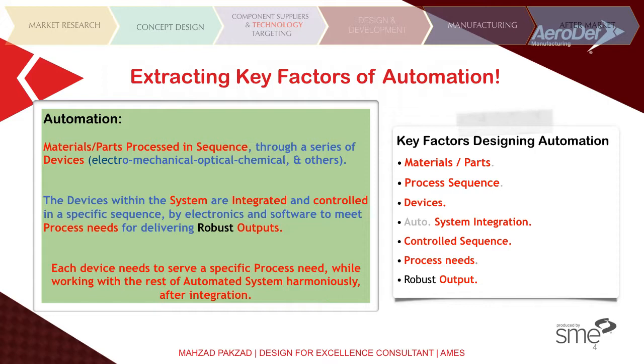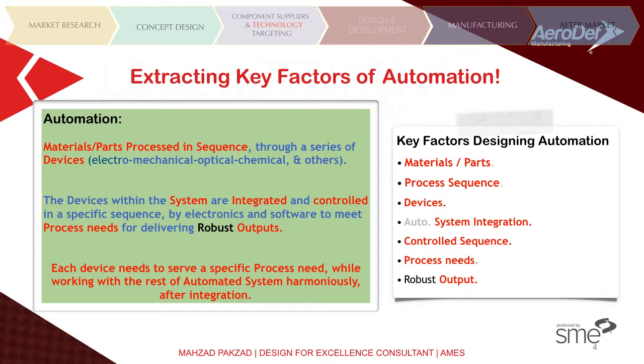Each device needs to serve a specific process need while working with the rest of the automation system harmoniously after integration. So when we extract the key factors from automation, there are materials, parts, process sequence, devices, system integration, controlled sequence, process needs, and robust output.